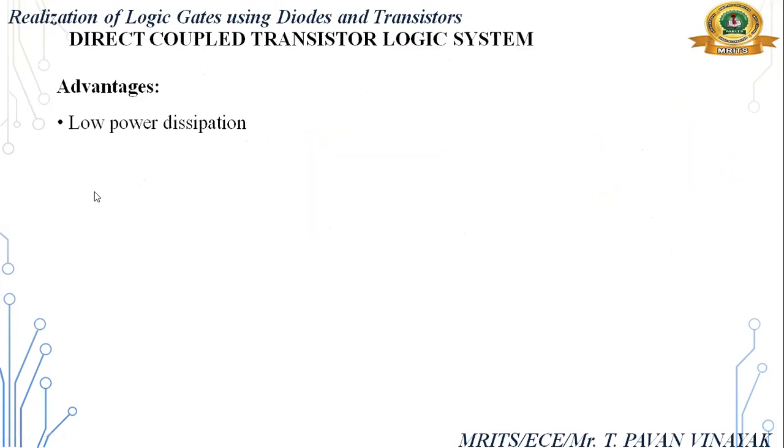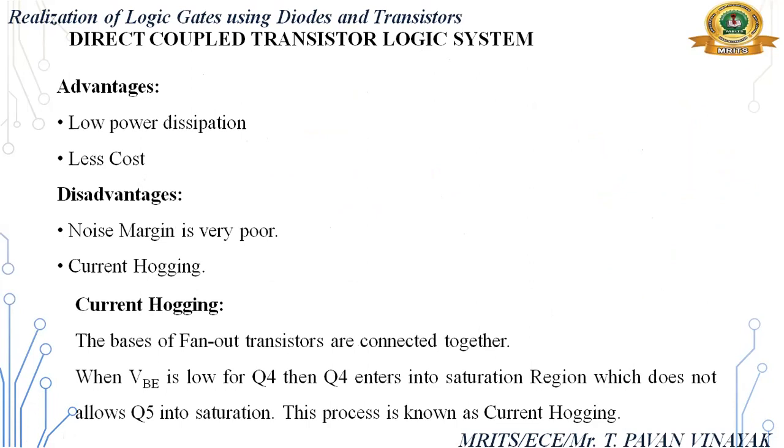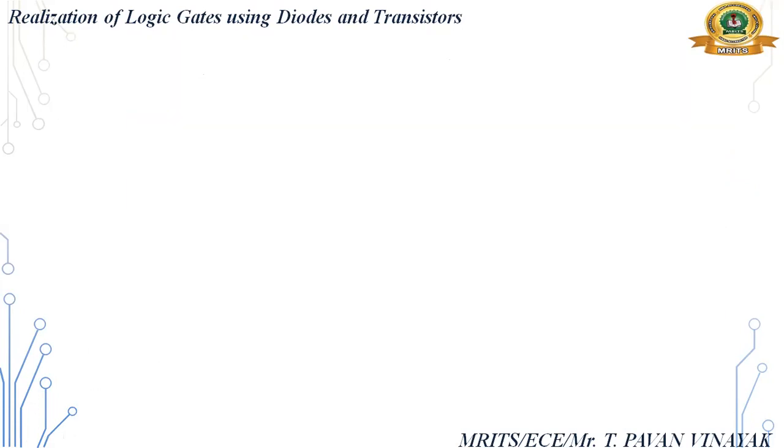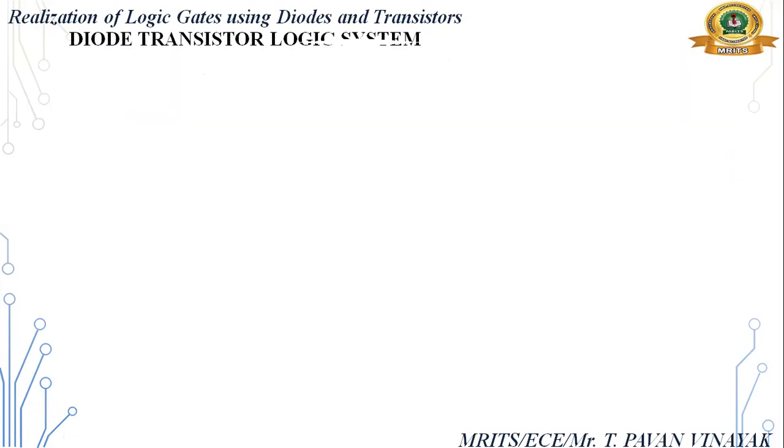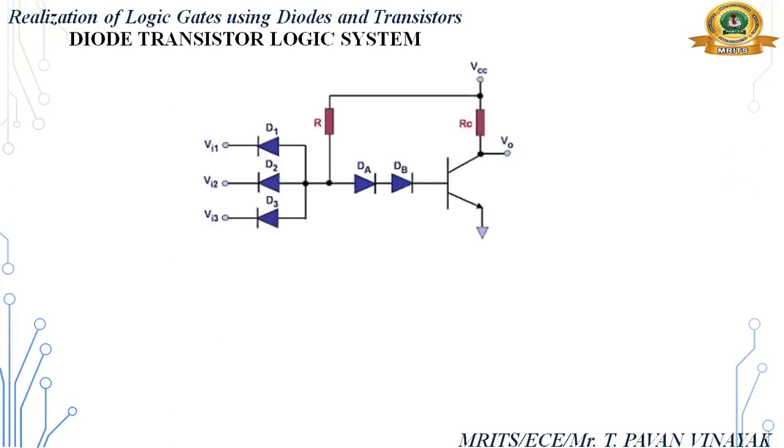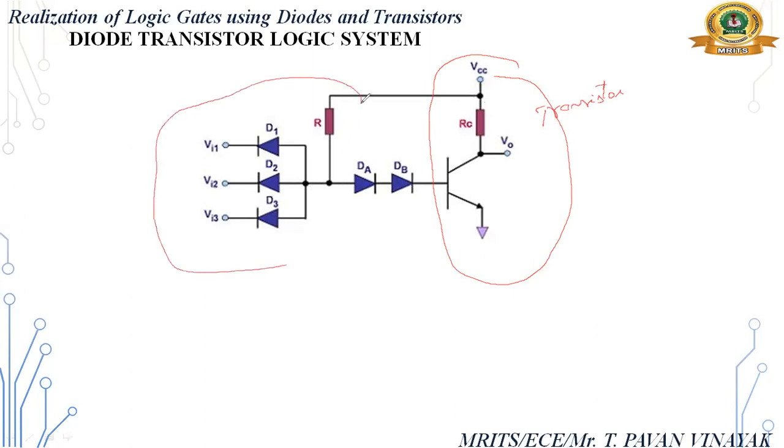Next, advantages and disadvantages are already completed. Next one is diode transistor logic. Observe here. This is the inverter using transistor, right? And have you observed this one?